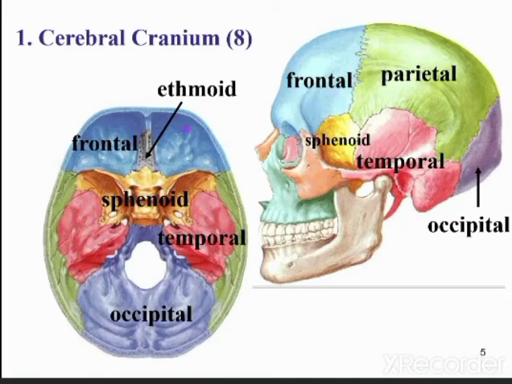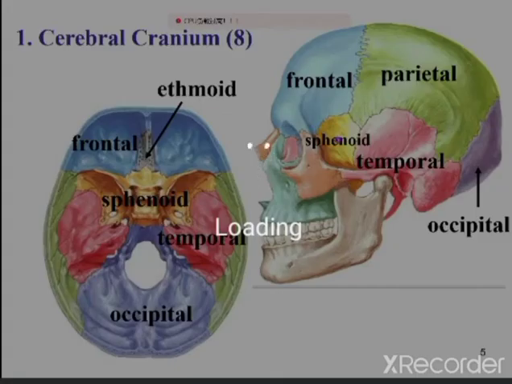Here, the frontal bone, color in blue. And then you can see color in yellow in the middle of the cerebral fossa, the sphenoid bone. The sphenoid bone, color in yellow.